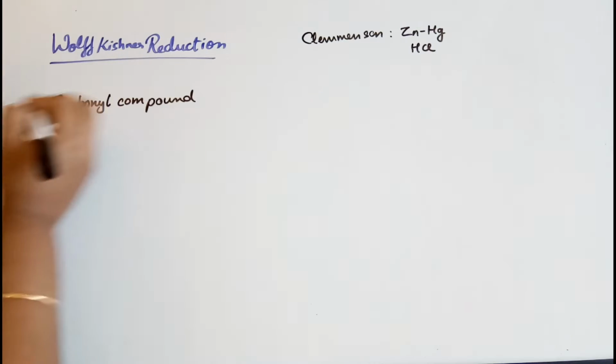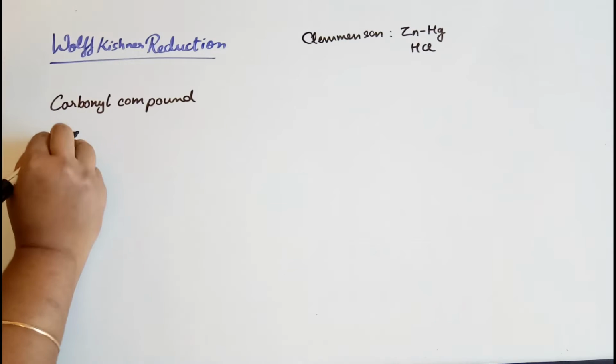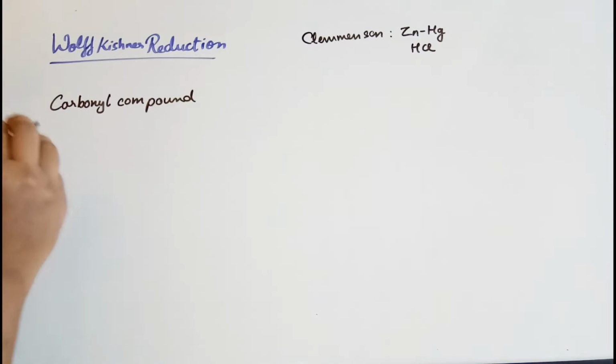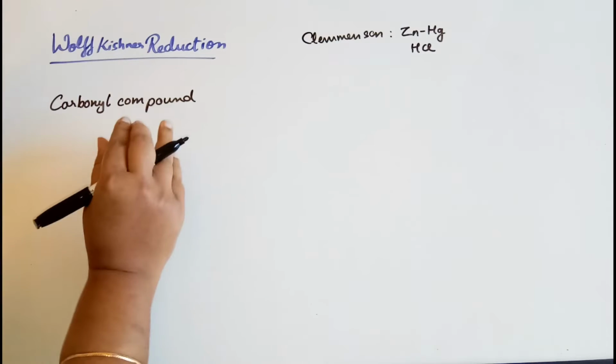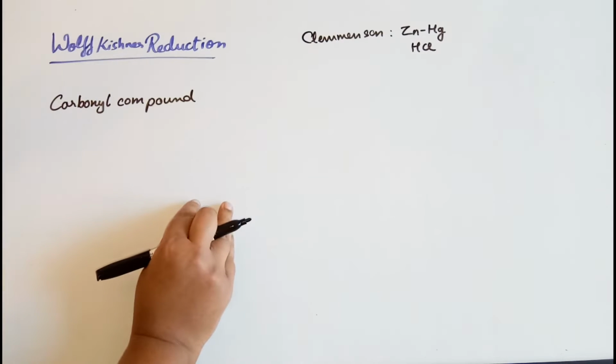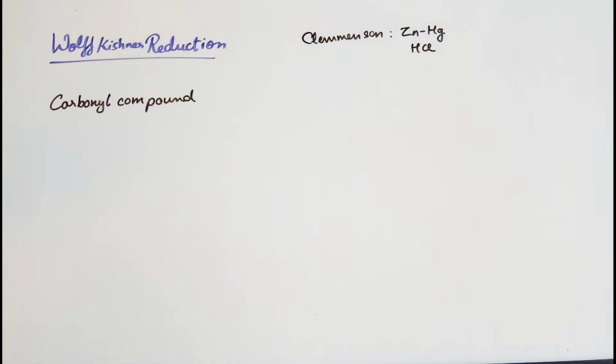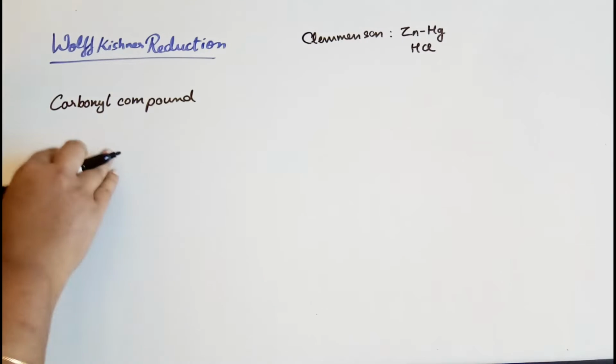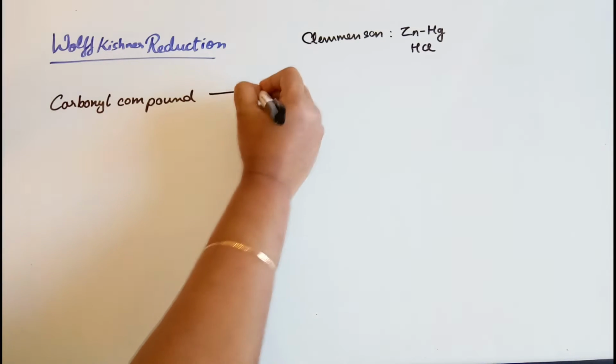So when a carbonyl compound is heated with a mixture of hydrazine and a strong base, and this is done by heating it to 453 to 473 Kelvin in ethylene glycol, we will get an alkane. So a carbonyl compound first reacts with hydrazine.